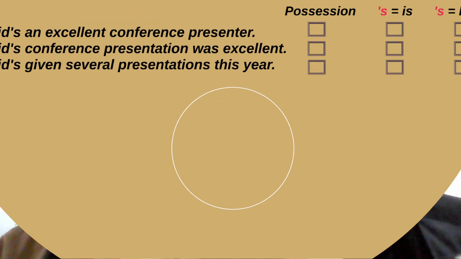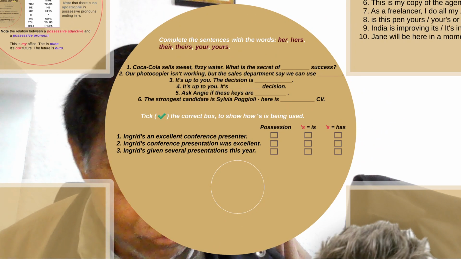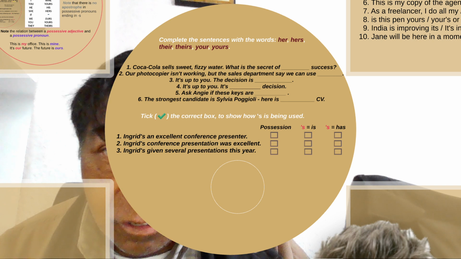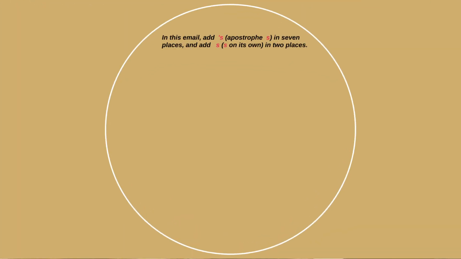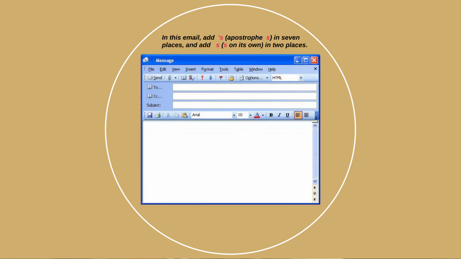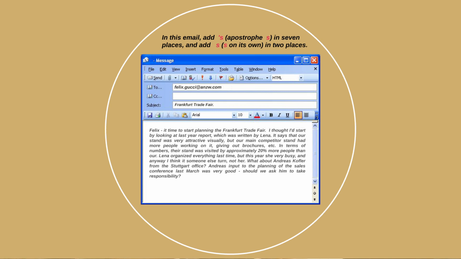Now, okay, now in this email, add apostrophe s in 7 places and add s on its own in 2 places. So here you have this email.